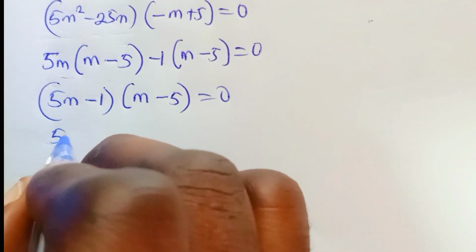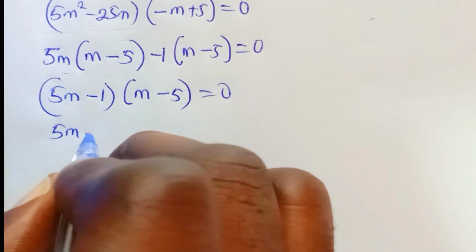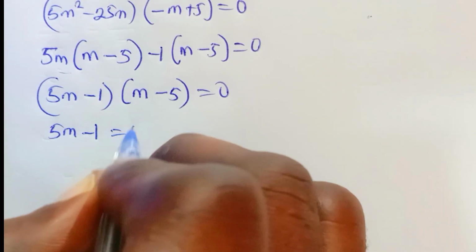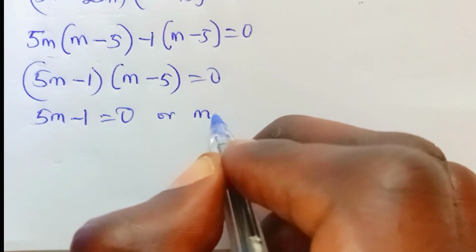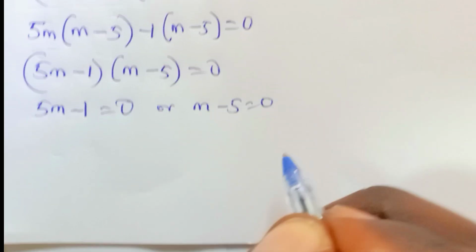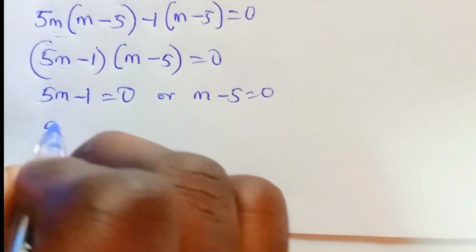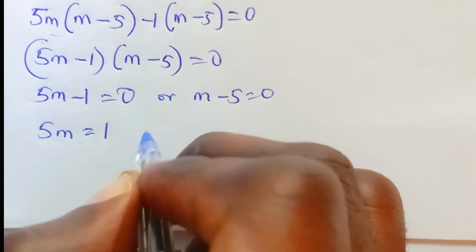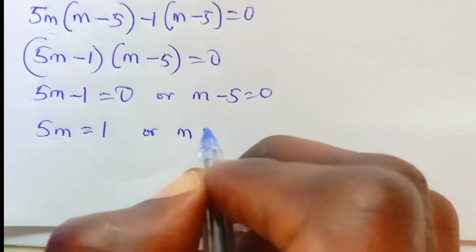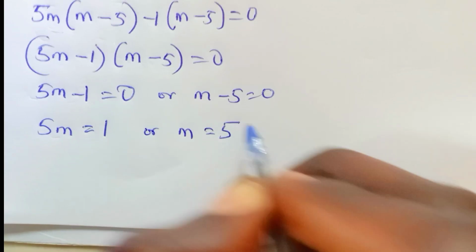So 5m − 1 = 0, or m − 5 = 0. So 5m = 1, or m = 5.